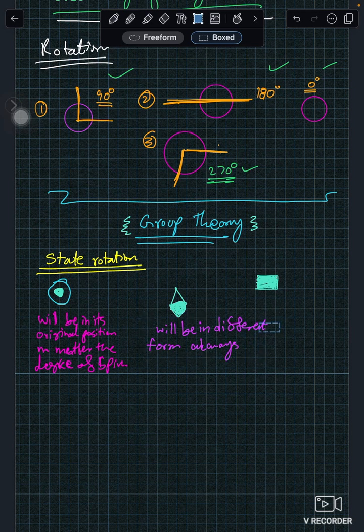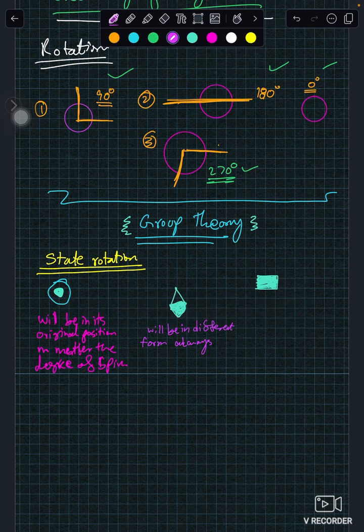With every rotation we will have a different form of this shape, whatever the shape.